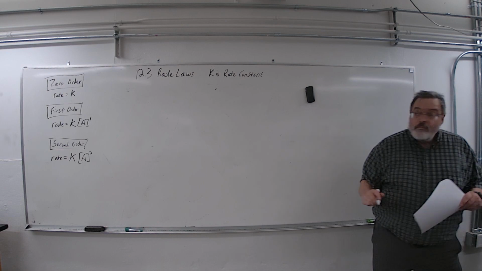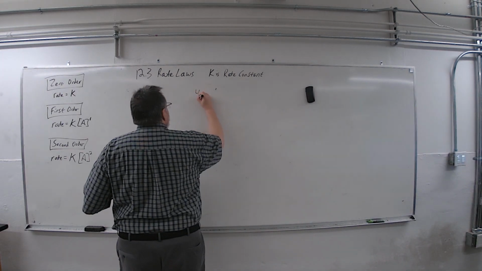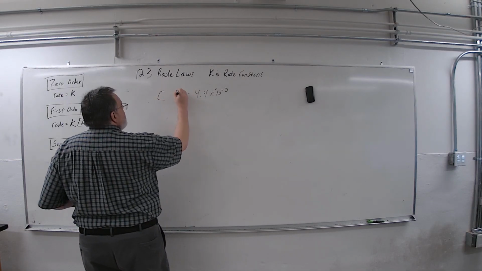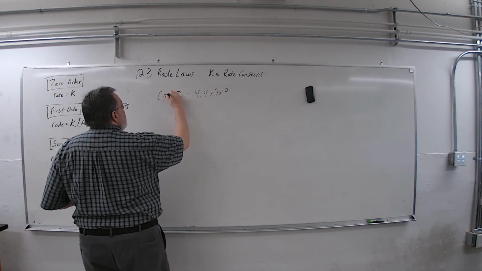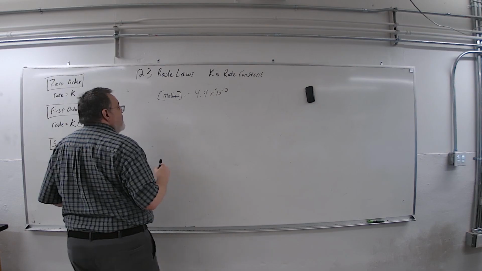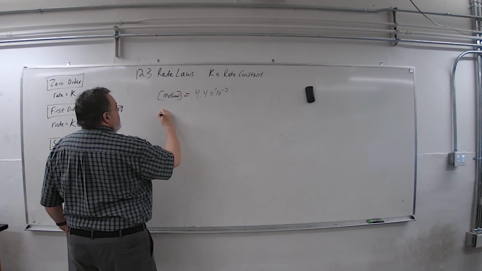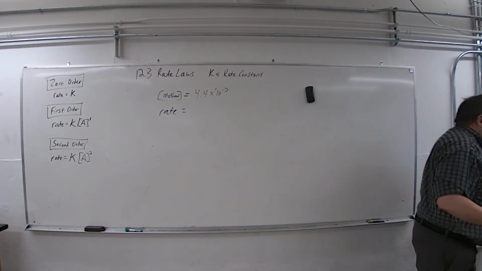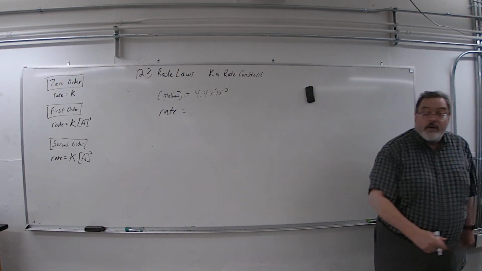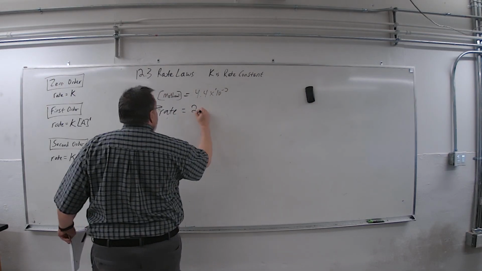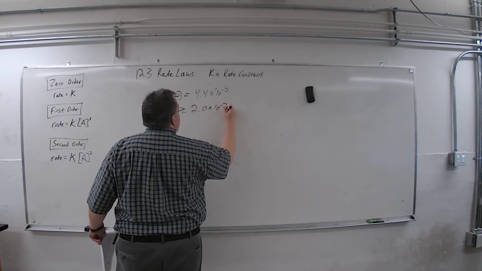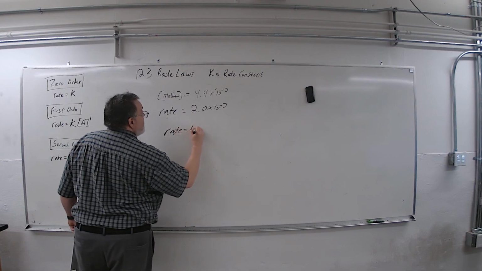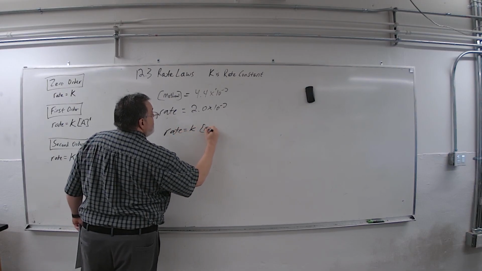You can pick any one of those. Concentration of methanol. The rate for all of them is 2.0 times 10 to the negative 2. And the equation is rate equals K times concentration.